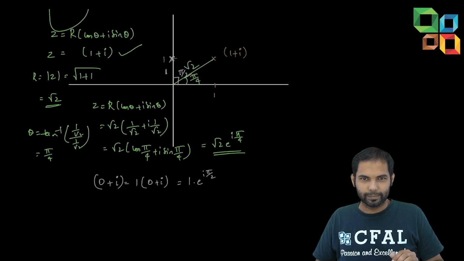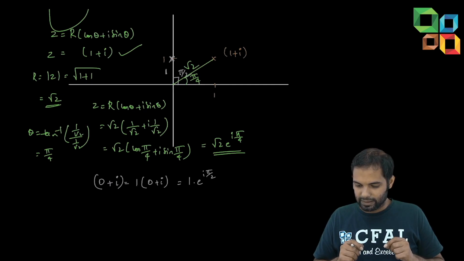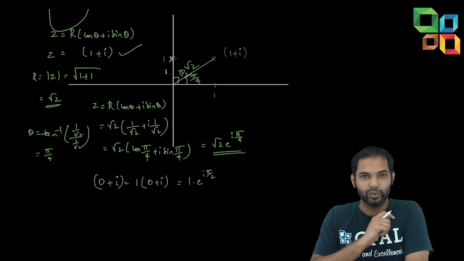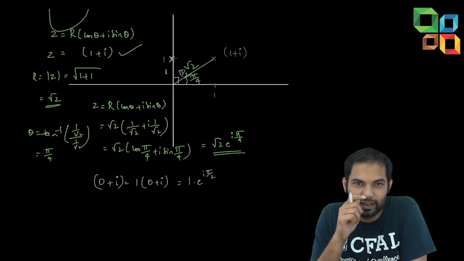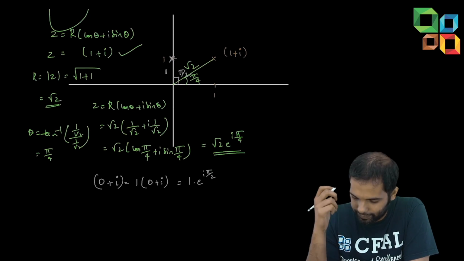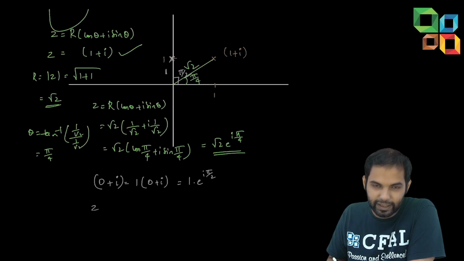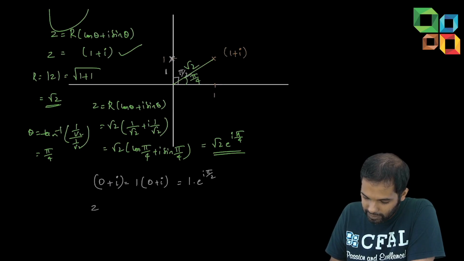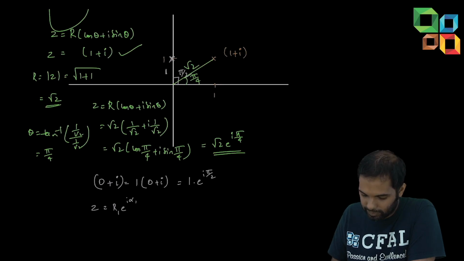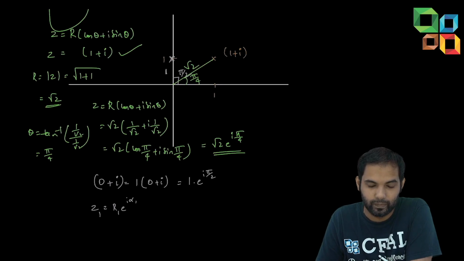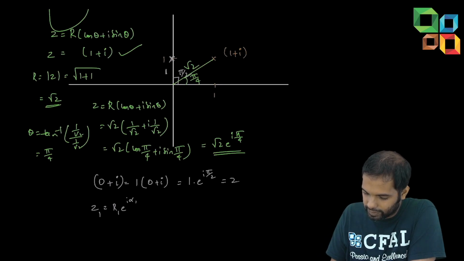Now can you see what is happening? I multiply this everywhere by e power i pi by 2. Therefore, there was a shift in angle by pi by 2. If you're not able to figure it out, take any complex number. Let me write it as r1 times e power i alpha 1. Let me take this complex number as z1. Suppose I multiply z1 and z, see what's happening.